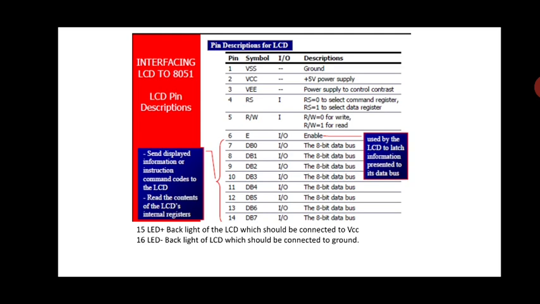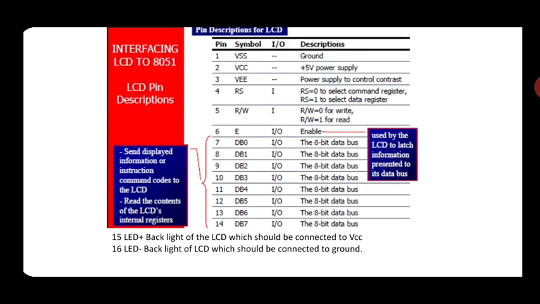Pin 1 is ground, 2 is VCC, 3 is VEE, a power supply to control contrast. The very important pins to display on an LCD start with RS, the 4th pin. At the 4th pin, it is either 0 or 1.